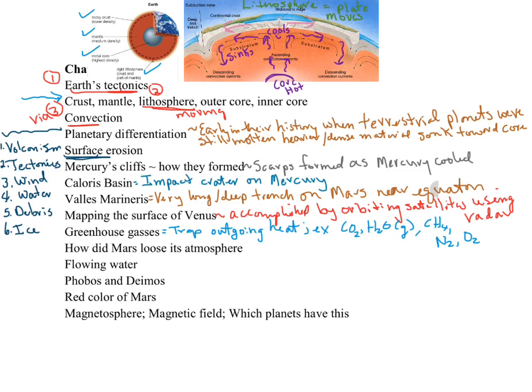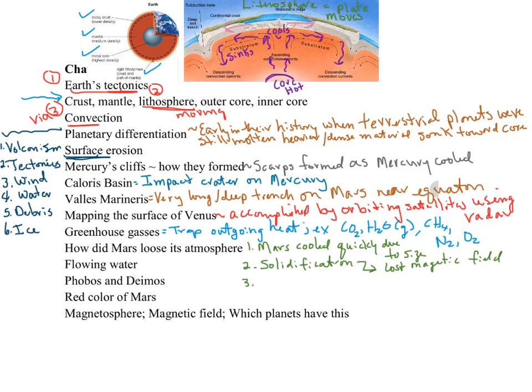How did Mars lose its atmosphere? You want to be able to tell this story. I usually break it up into three parts. Starting with the fact that Mars cooled faster than the Earth because of its size. Then since it cooled, it solidified, and the solid core could no longer create a magnetic field.